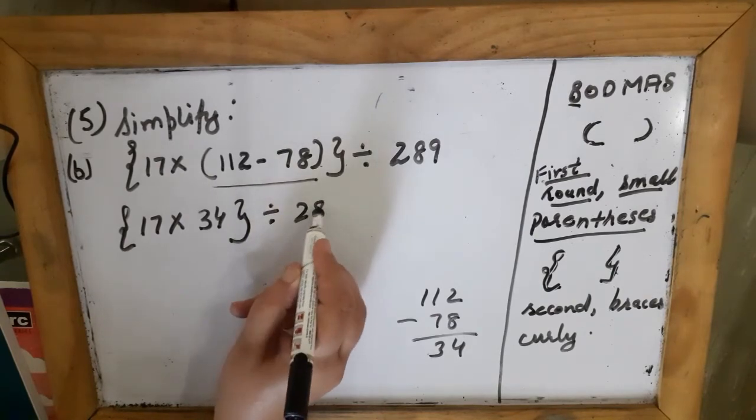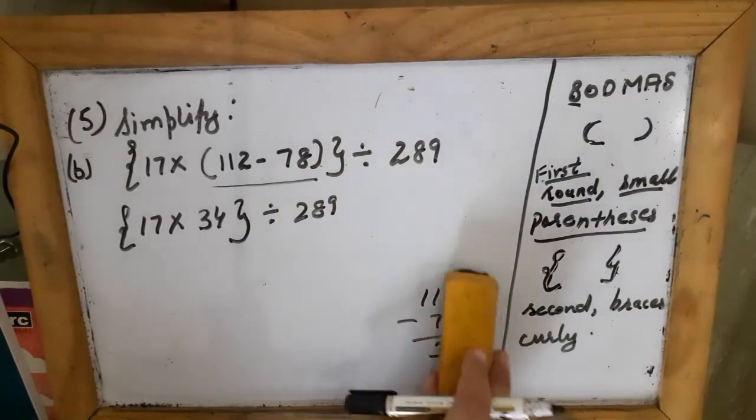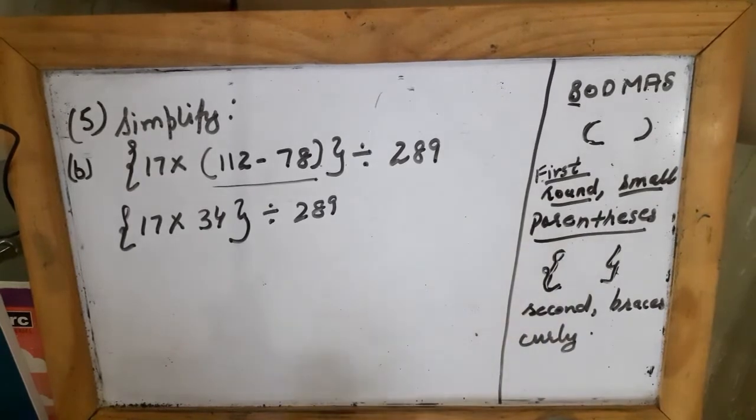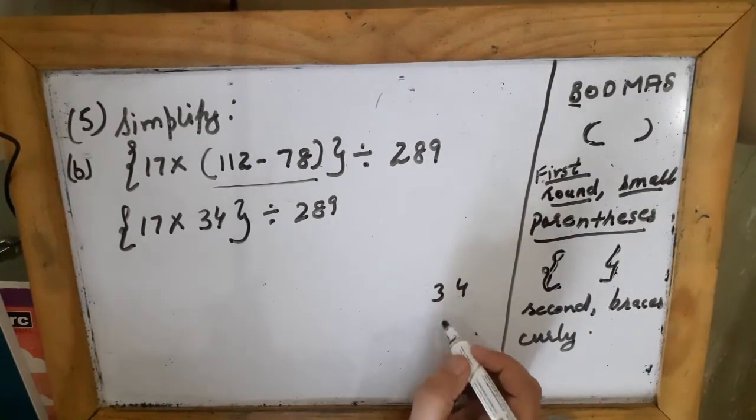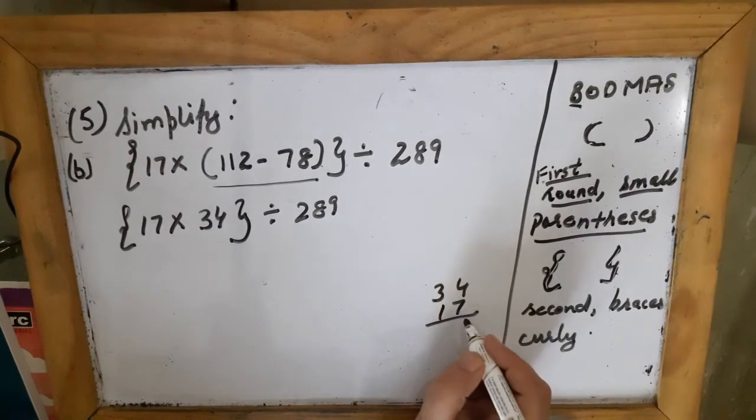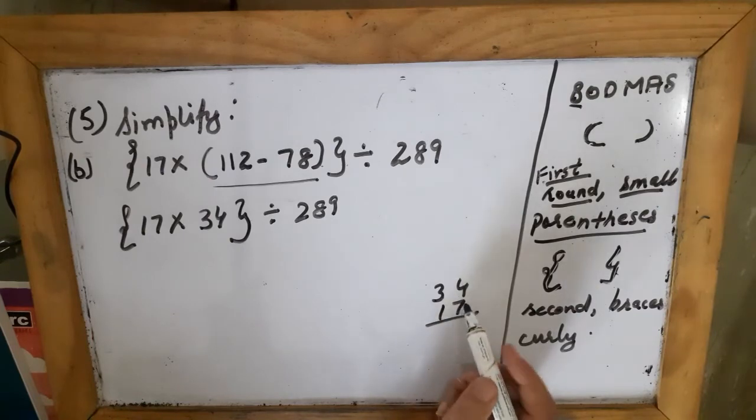Okay, now 289. Now I have to solve which bracket? I have to solve the curly bracket. Now they are saying the curly bracket you have 34 multiplied by 17.